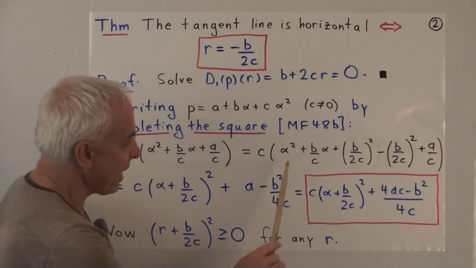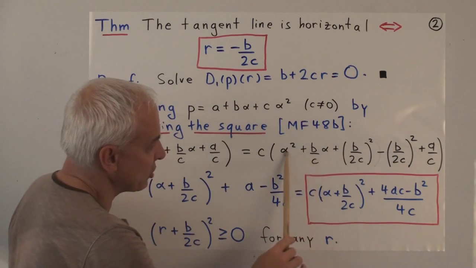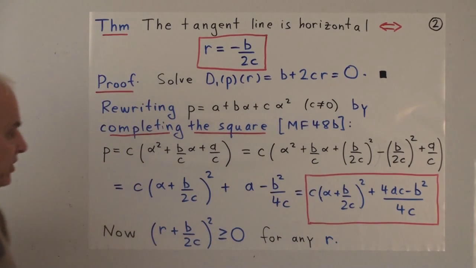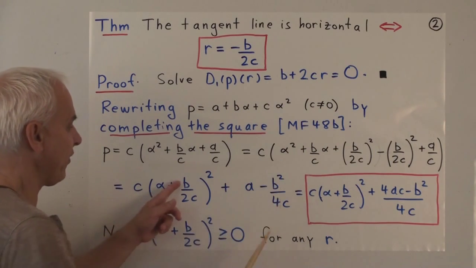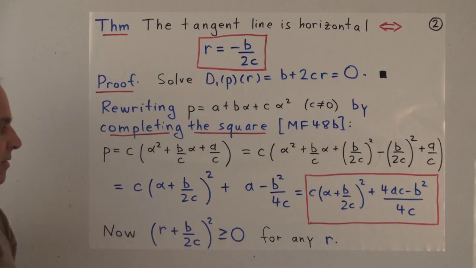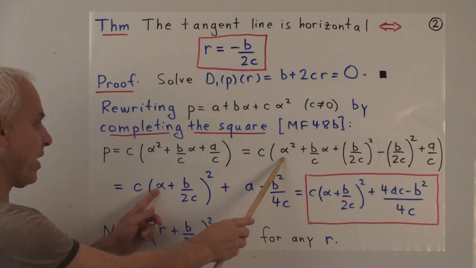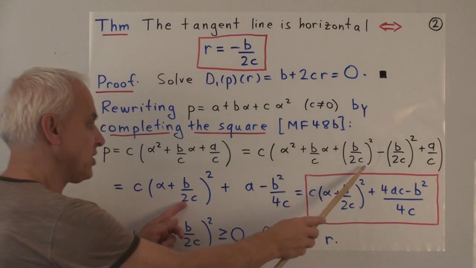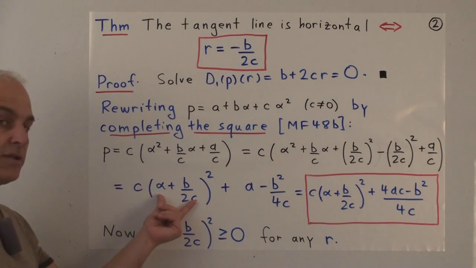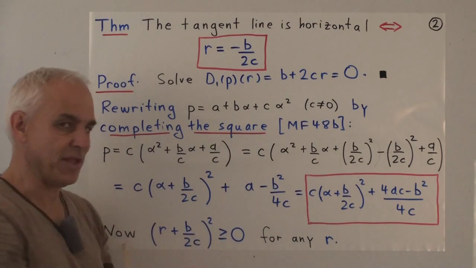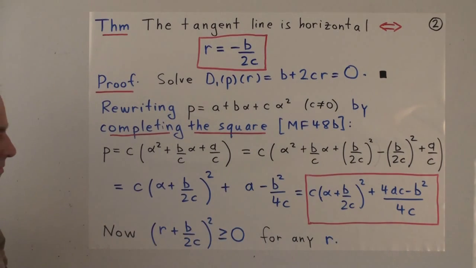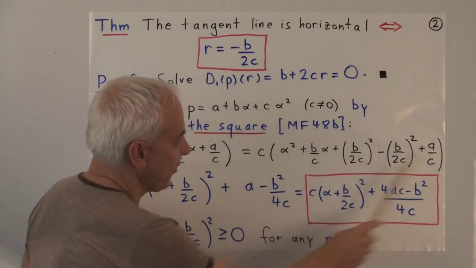The reason why we're doing that is because now these first three terms are actually a perfect square. This thing here is c times alpha plus b over 2c, squared. And the reason is simply that when we square this, we get alpha squared, we get b over 2c squared, and twice the product will give us b over c times alpha, the thing that's right there. Of course, there are also the other terms.